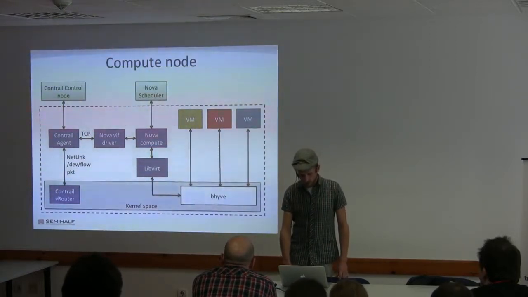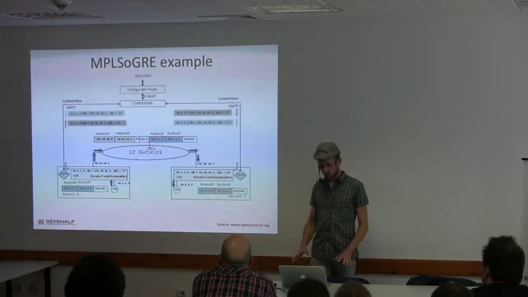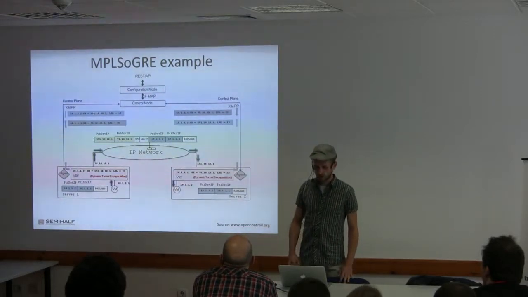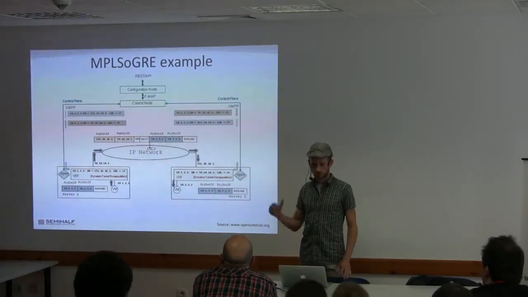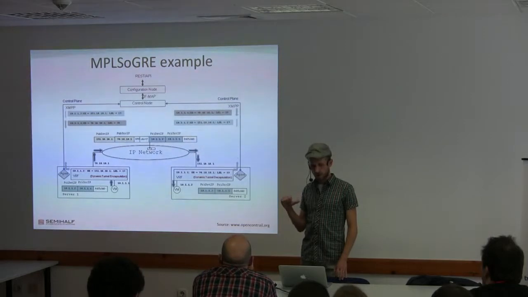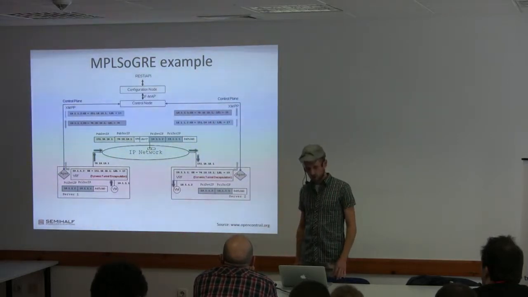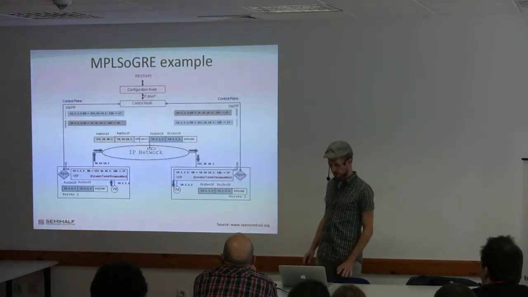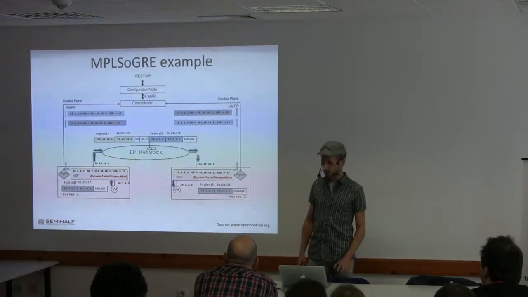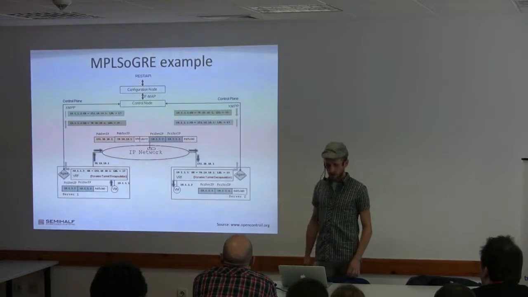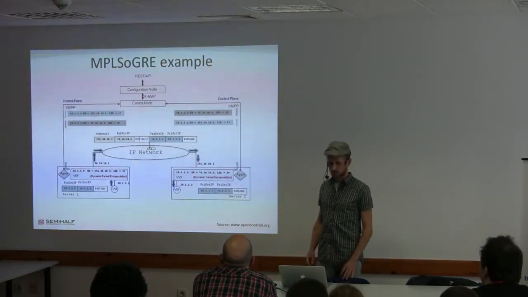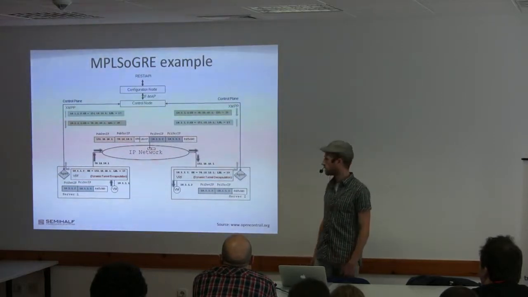And I would like to show a very similar example to what we talked about before, when I told you about the overlay networks. This is much more concrete, because we have all these nodes I have already spoken about. So we have the configuration node, control node, and compute nodes here.